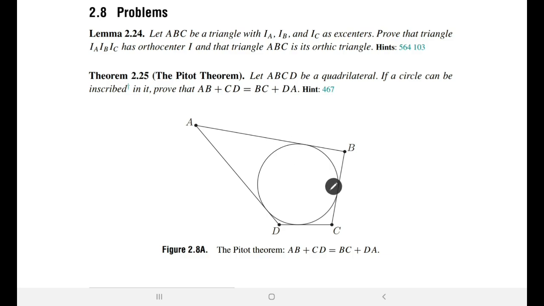It's equidistant to this and this, so it automatically lies on the angle bisector here. Same thing for here, here, and there. So that means if a quadrilateral has an incircle, then automatically we know that all four angle bisectors meet at one point. That is the center. So maybe you can also use this instead of Pitot in some other questions.